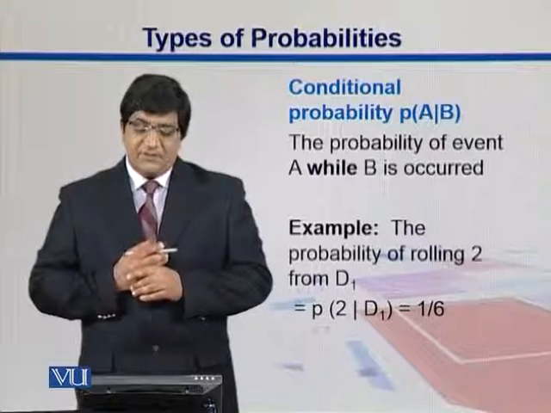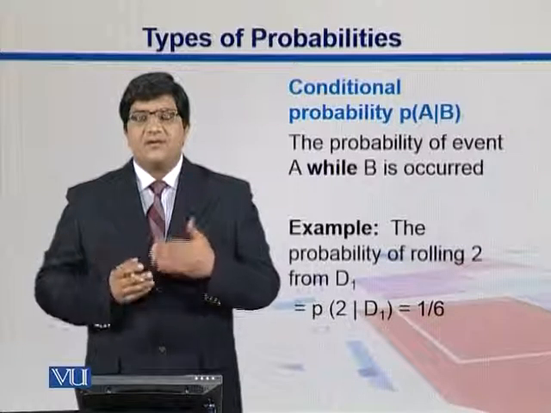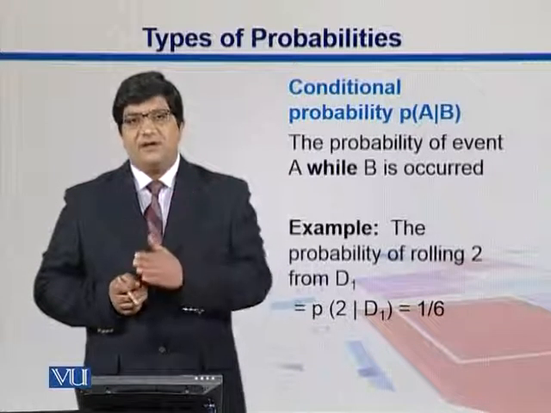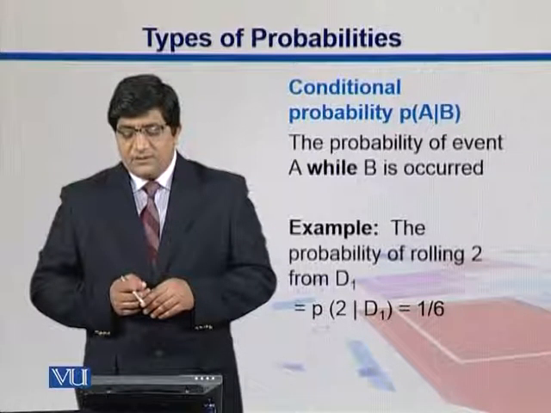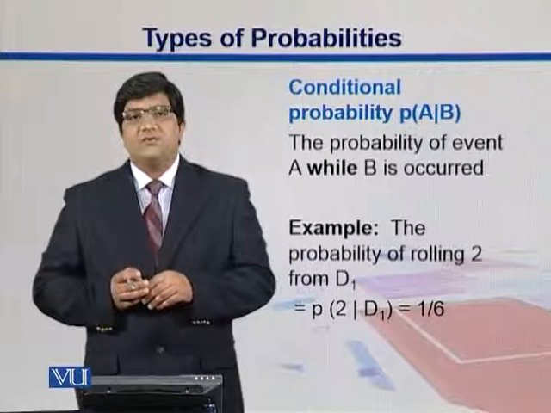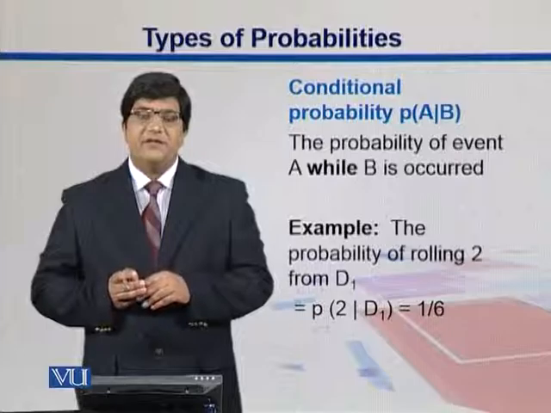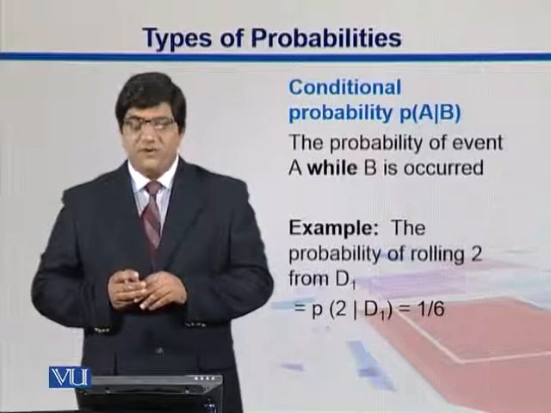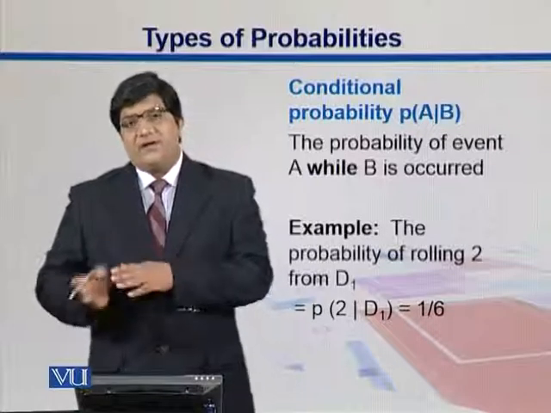Conditional probabilities are the probabilities where you can get the probability of one thing while the other one has already occurred. In this case, for example, the probability of rolling a 2 from D1. You already picked up D1, so what is the probability of seeing 2 in it? Now you have a conditional probability, or a kind of dependent probability.